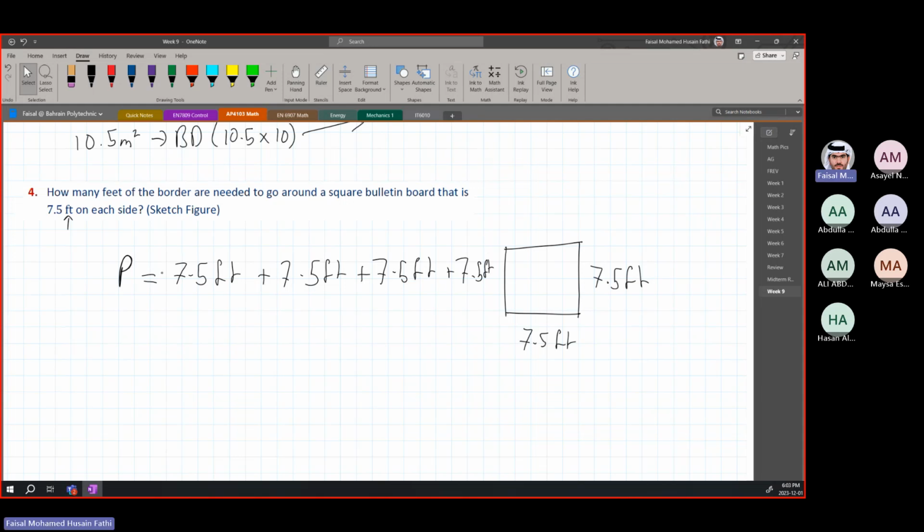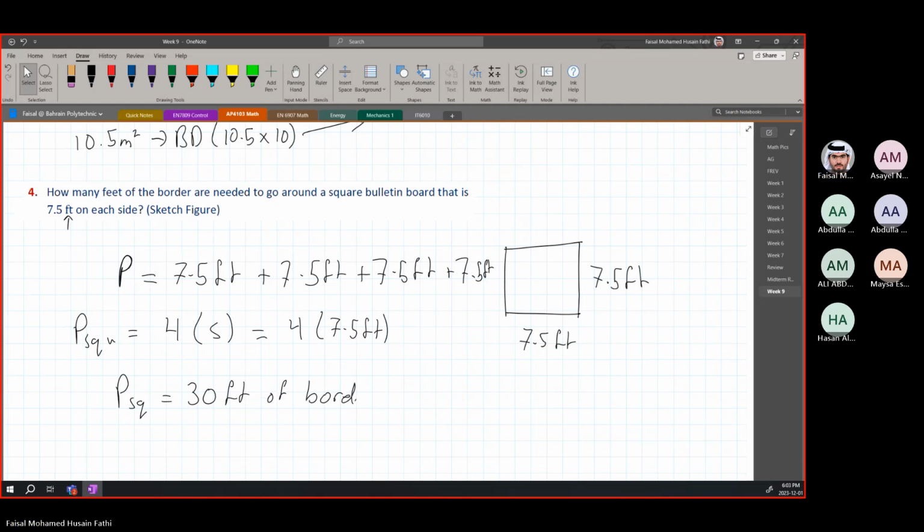You could do that, or since each side is 7.5 and it's a square, P square is equal to 4 times s, which in this case s is 7.5 feet, so P square is equal to 30 feet of border. That's the border we need. Understood? Very easy, very straightforward.